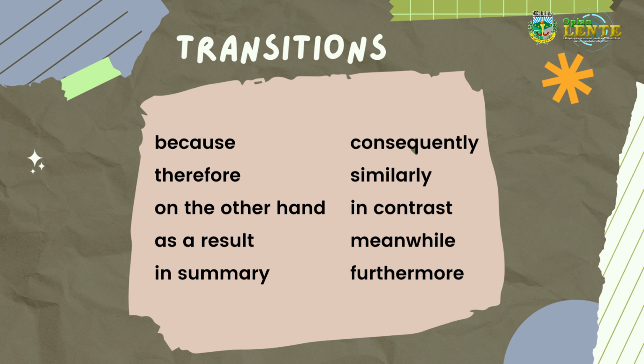Through these words, the danger of the essay sounding like a group of disjointed opinions can be avoided: because, therefore, on the other hand, as a result, in summary, consequently, similarly, in contrast, meanwhile, furthermore.